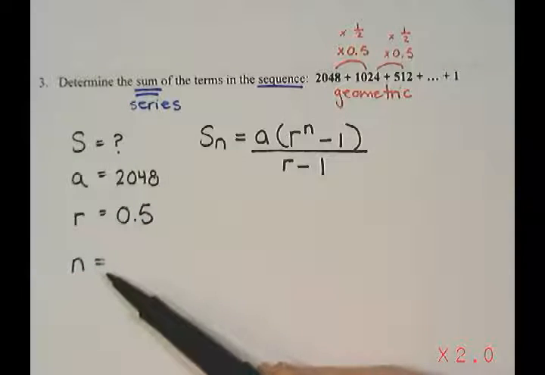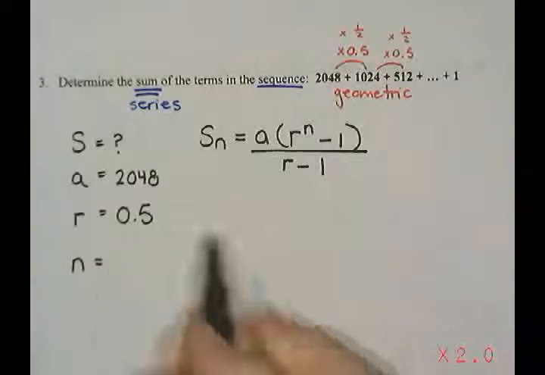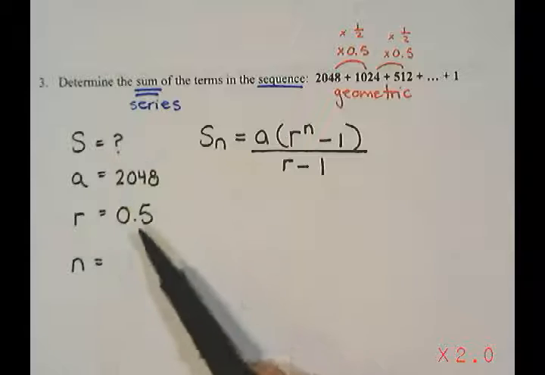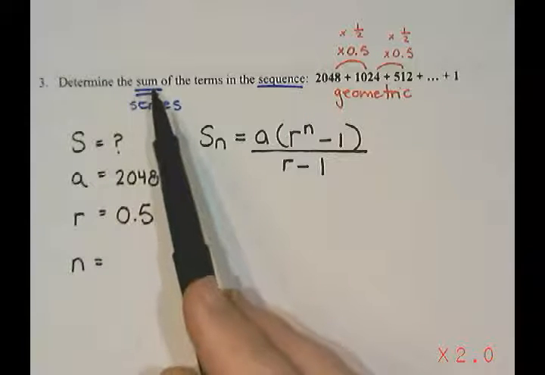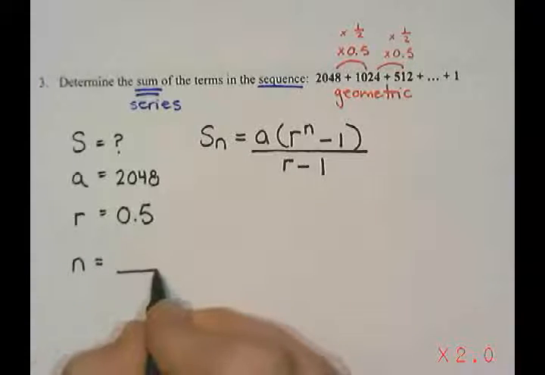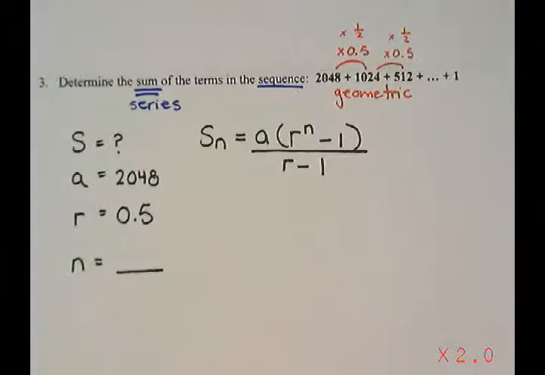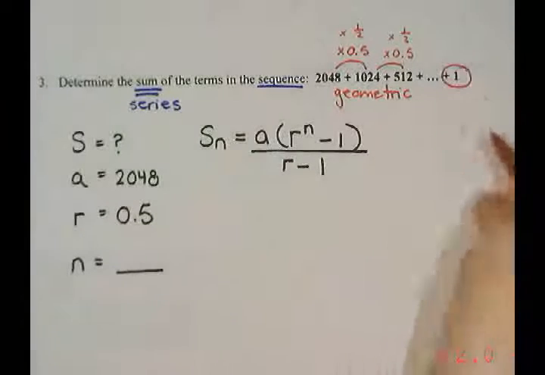Now, N, do I know how many terms there are? Unfortunately, the answer to that is no. I do not know how many terms there are. But I can't have 2 unknowns. I can only have 1. So I know that what I want to find is the sum, which means there has to be some way for me to figure out how many terms there are. And the way we figure that out is we use our last term, which is the 1.